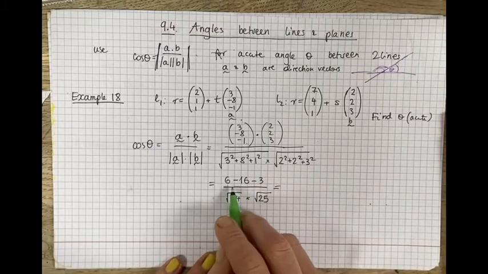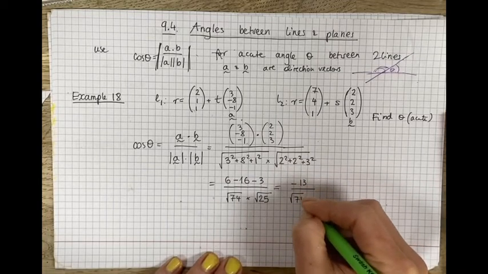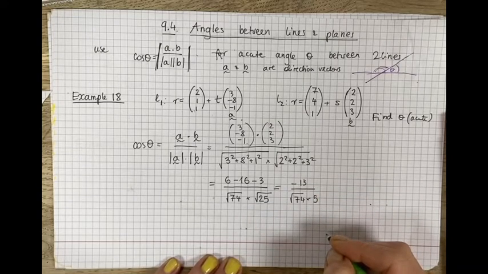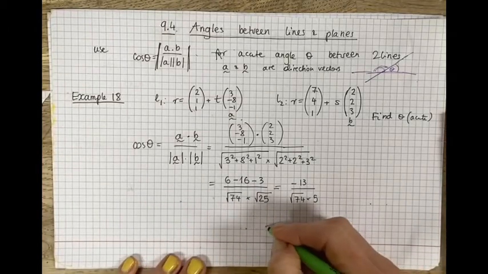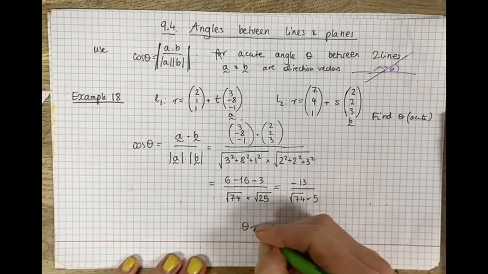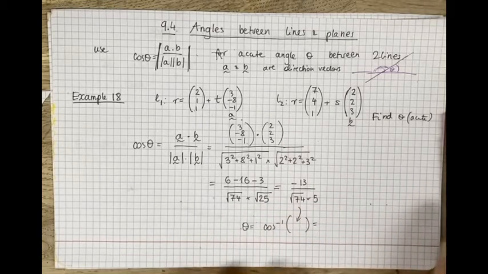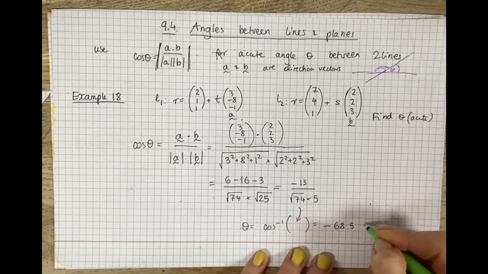So let's just do that, minus 13 over square root of 74 times 5. Okay, so you can see actually I kept the modulus signs out of this example, because what you could have done, you could have done cos inverse of that, and you will come up with a negative answer. So it's minus 68.5 degrees to 1 decimal place.